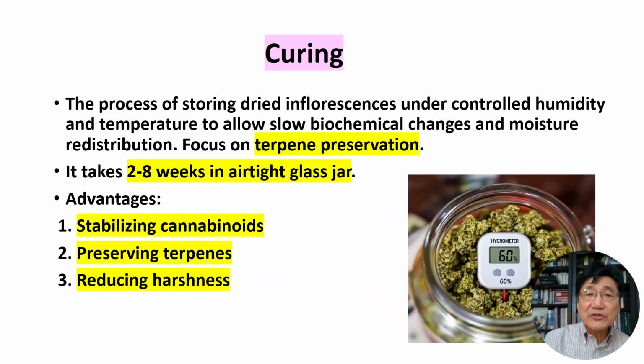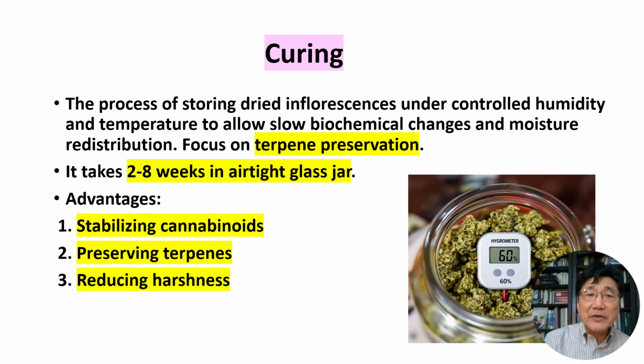Curing is the process of storing dried inflorescences under controlled humidity and temperature to allow slow biochemical changes and moisture redistribution. The focus is on terpene preservation. It takes 2 to 8 weeks in an airtight glass jar. During curing, chlorophyll and residual sugars break down slowly.